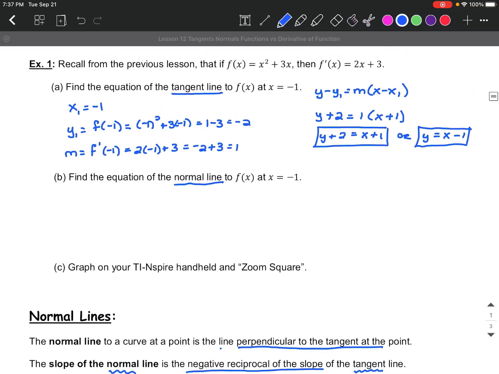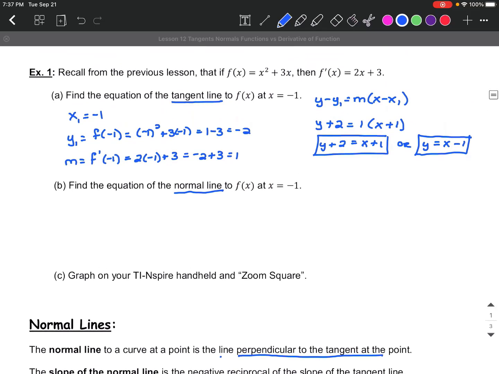So we already know if we're doing this at the same x value of negative 1, the y value doesn't change. It's still f of negative 1, which we already found is negative 2. But now the slope of the normal is the negative reciprocal of the slope of the tangent that we found up here.